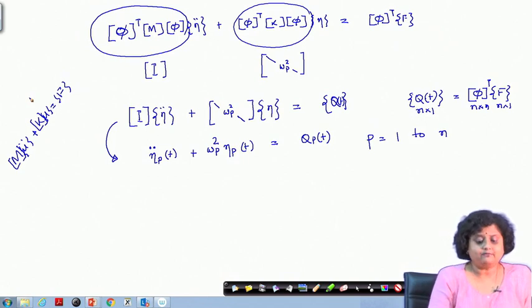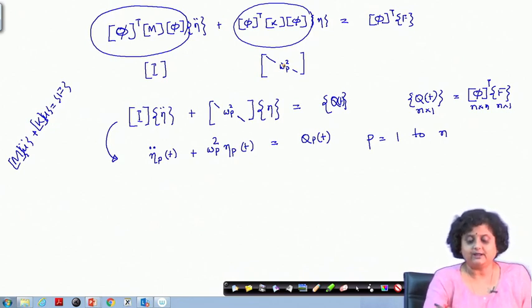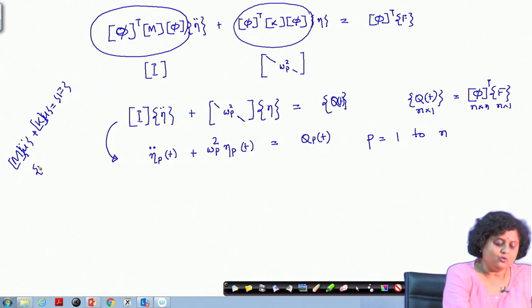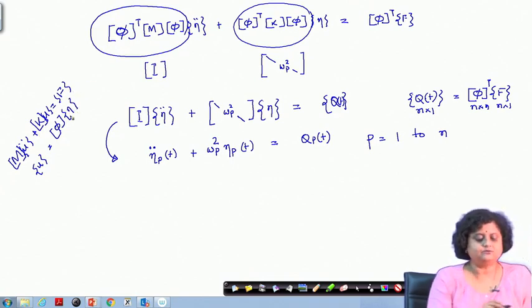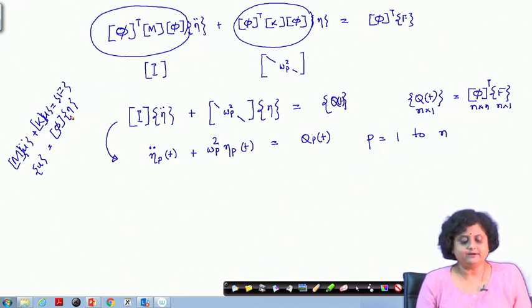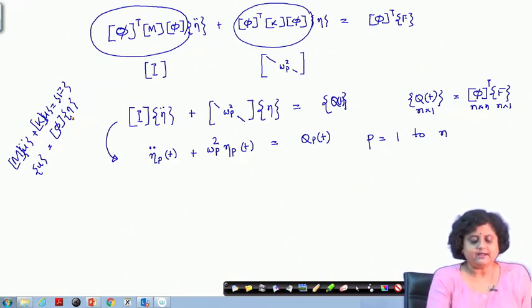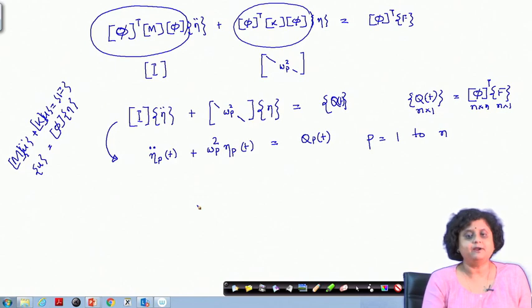Now, what we have done is that by using modal expansion theorem and using this transformation, that my u is phi into eta, I have converted this coupled set of ordinary differential equations into a set of uncoupled ordinary differential equations.